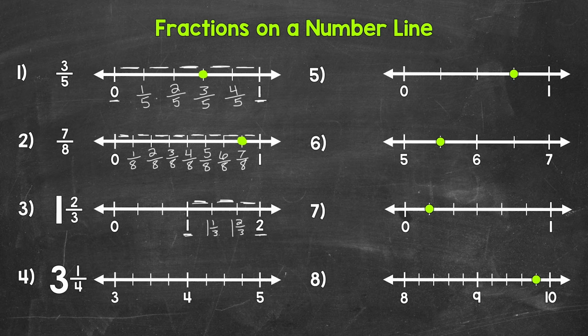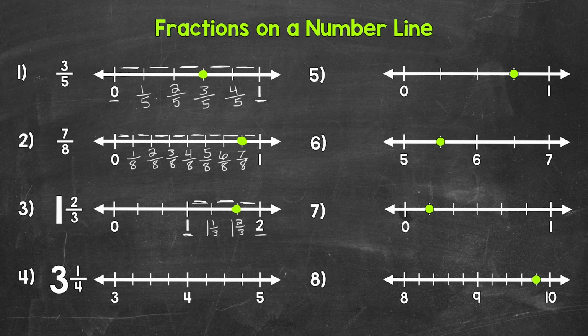So 1 and 2/3 is right here. So when it comes to mixed numbers, we just have to figure out which 2 whole numbers the mixed number is in between. And then we use the fractional part to find exactly where the mixed number is on the number line. Let's try another mixed number and move on to number 4.